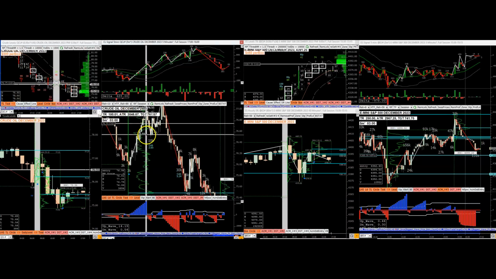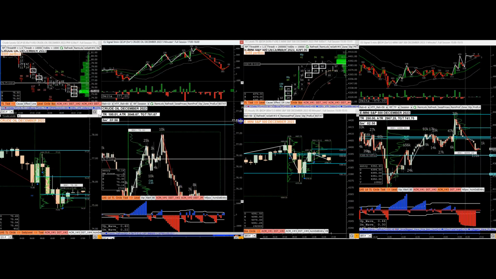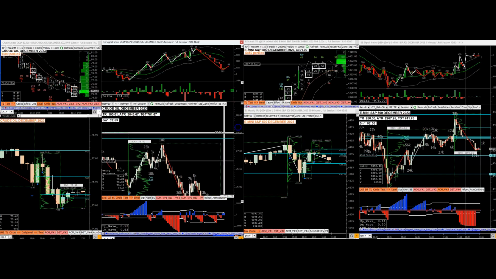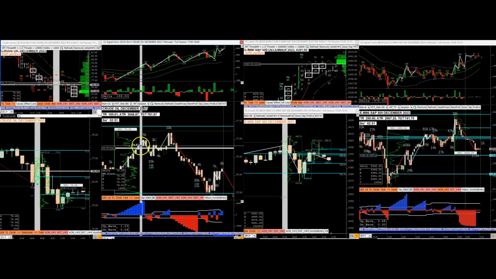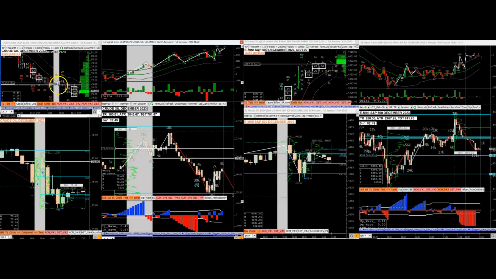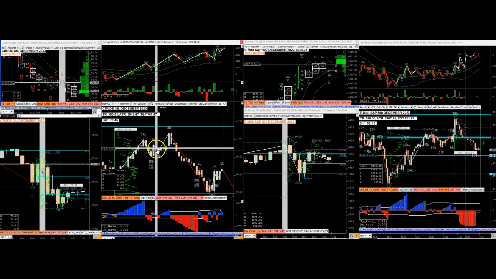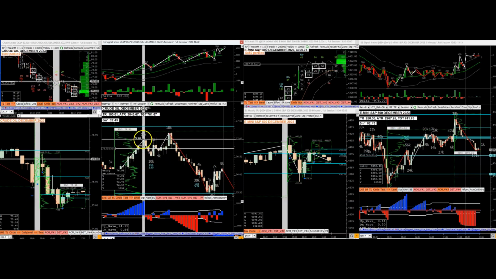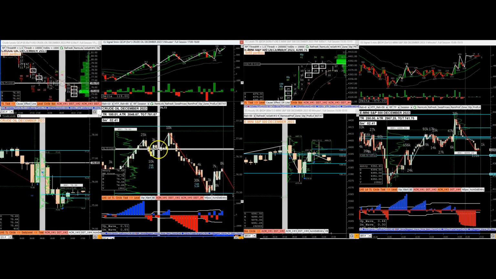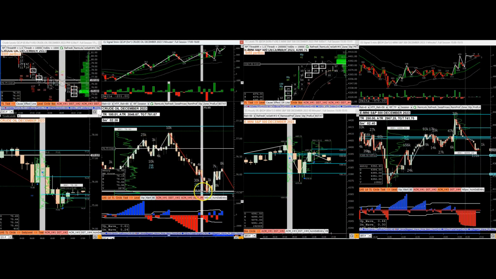On the pullback, what happens? You get changes of behavior, okay? So you just need to know how to trade them. So for example, here you have a rally down and a pullback one, pullback two. So it has the initial pullback right here. The pullback's up here, and then you have a change of behavior. It does an upthrust and then it breaks.